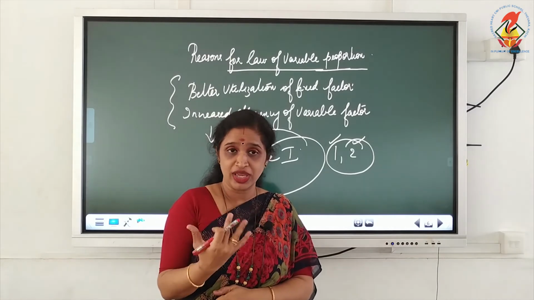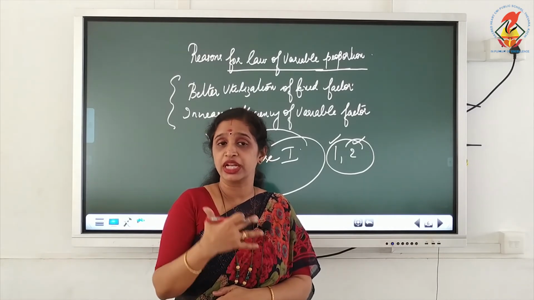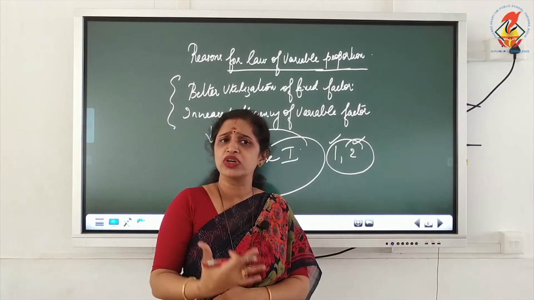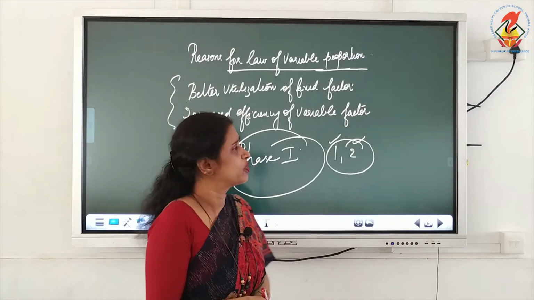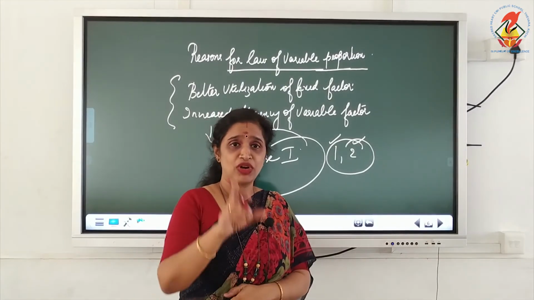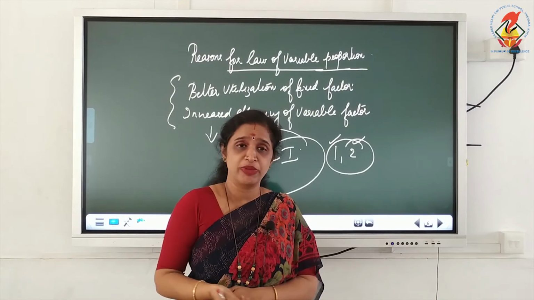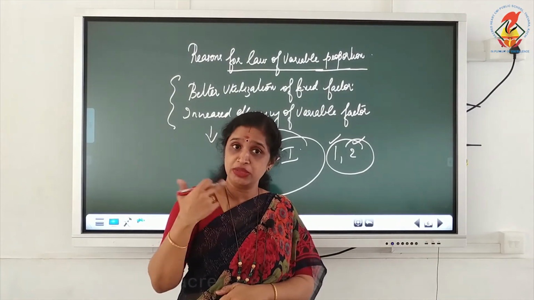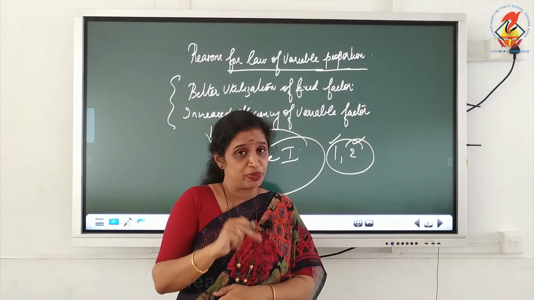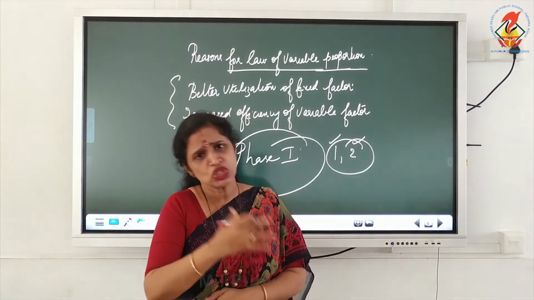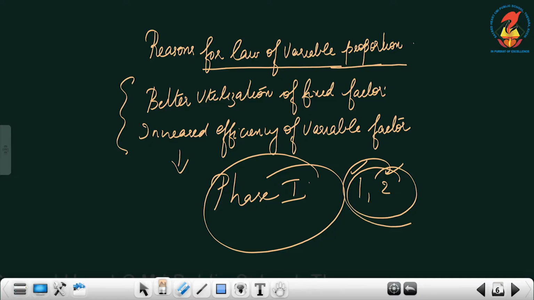So we are talking about the case where 1 worker is in front of 1 machine or 2 workers in front of 1 machine. Sometimes a machine will have only 1 hand which has to be operated by only 1 worker. Sometimes a machine will have 2 hands which have to be operated by 2 workers at a time. So it depends. That is why the first unit of labor and 2 units of labor.